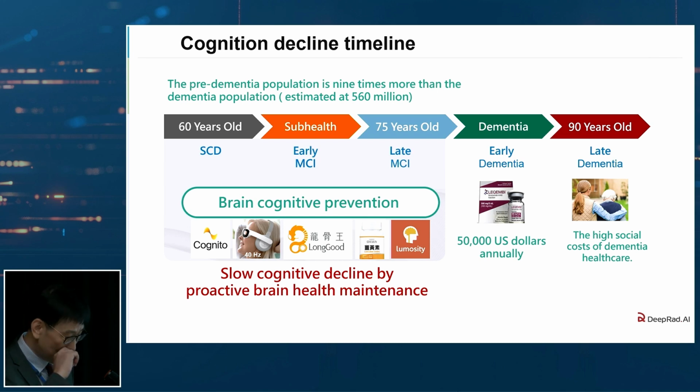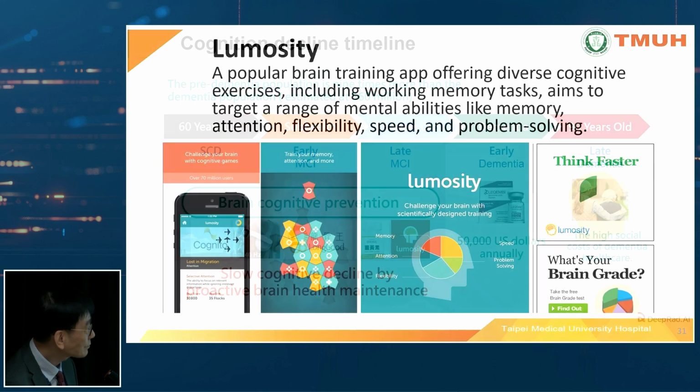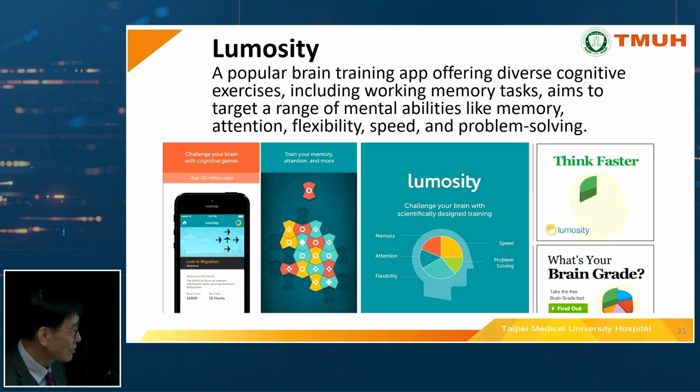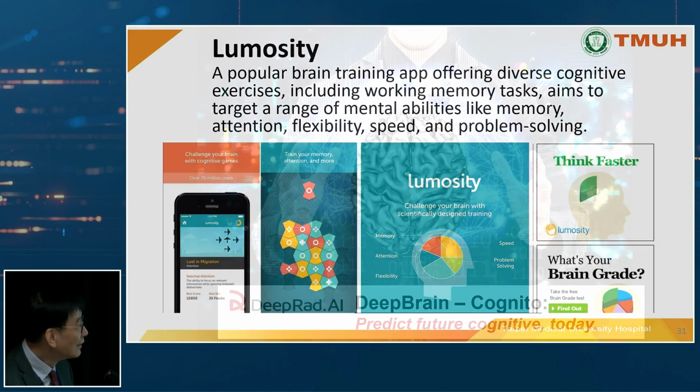It's an amino acid that is not produced by humans, but you can get it to improve your cognition. So this is Lumosity. Are you going to spend money to play the game every day, 20 minutes each time, 5 days a week? Do you want to do this?